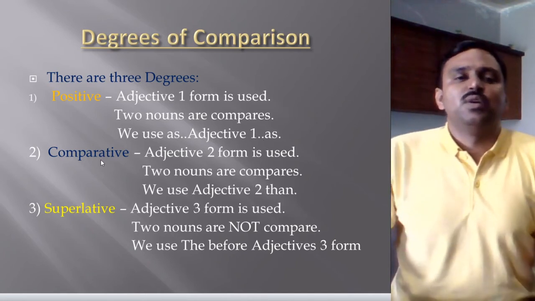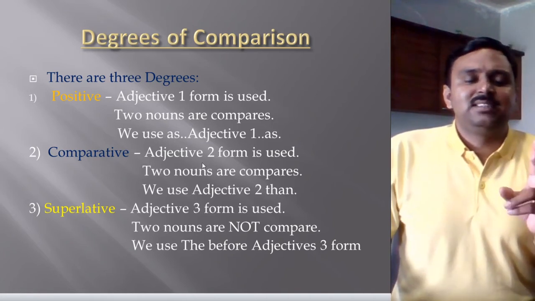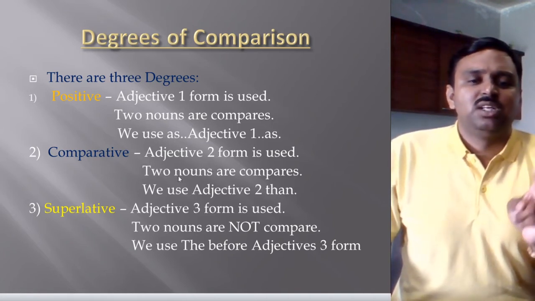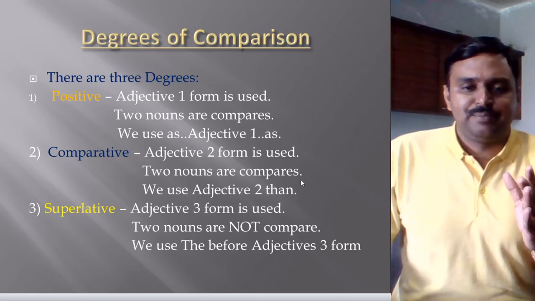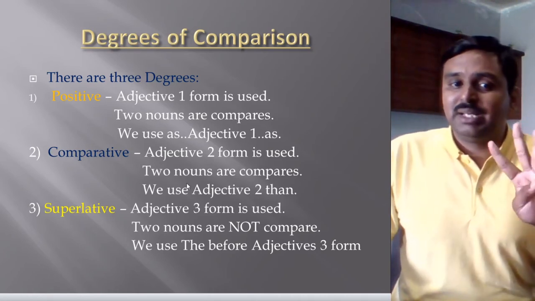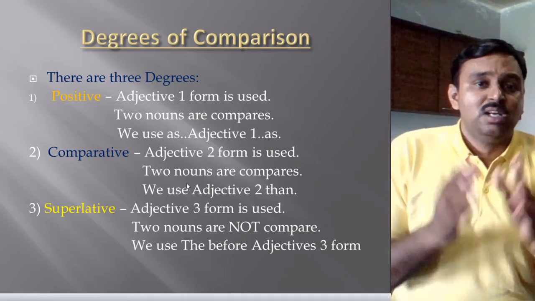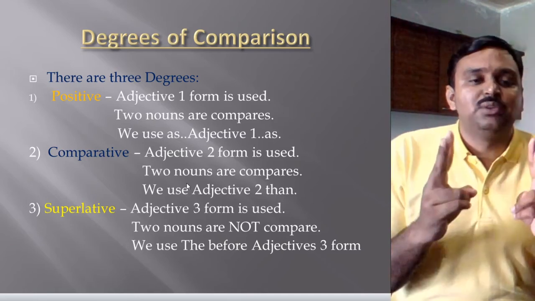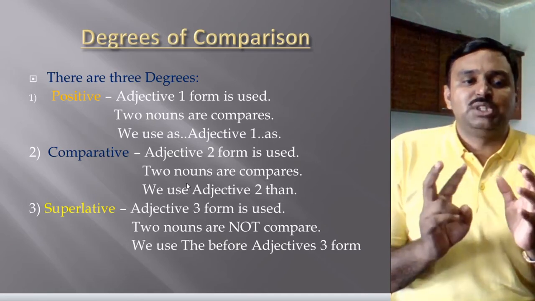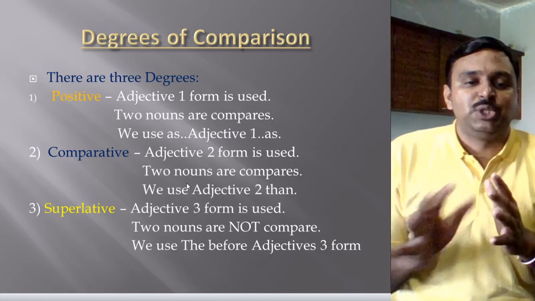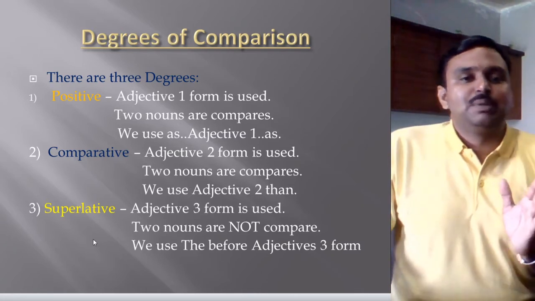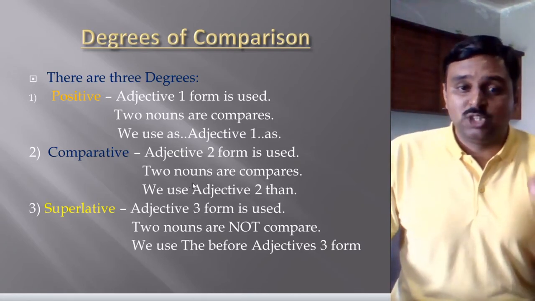Then next we have comparative. In this adjective second form is used and 2 nouns are compared. Okay, 2 nouns only are compared here, not more than that. Remember, if you want to compare 2 nouns, we must use the degree positive or comparative. We do not use the superlative degree for the comparison of 2 nouns.